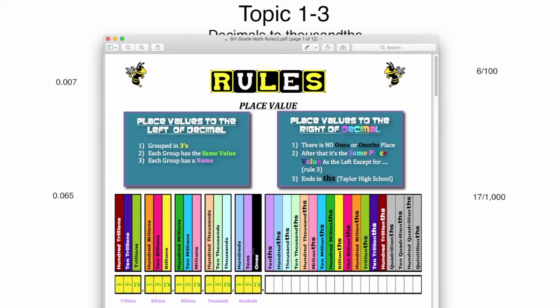So here you have tenths, hundredths, thousandths, ten thousandths, hundred thousandths, millionths, ten millionths. See how it's color coded? So that's the main difference.